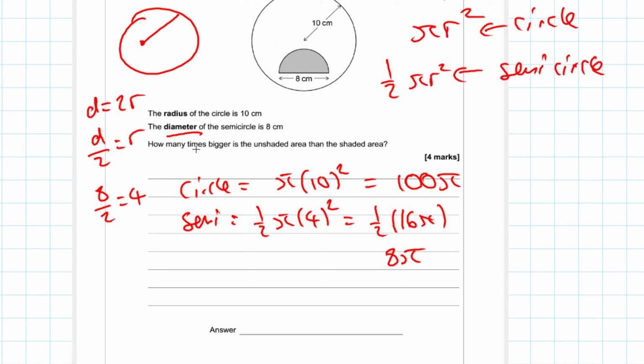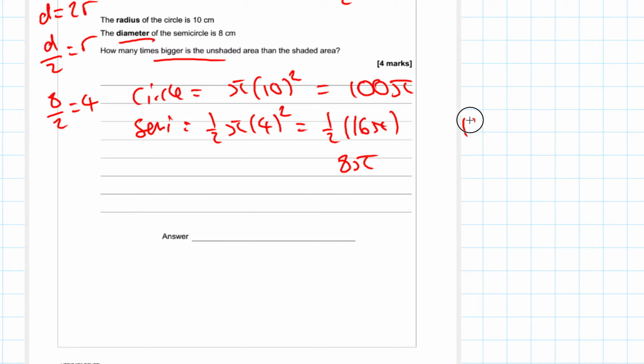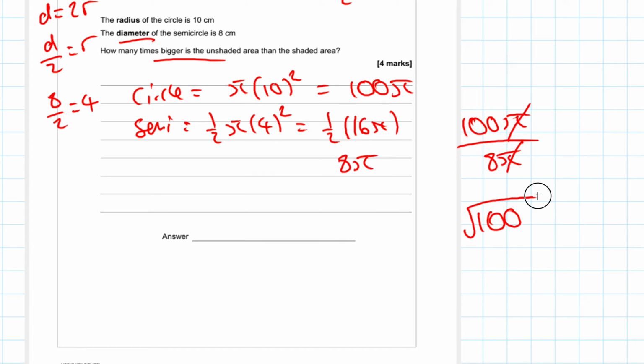And then we want to see how many times bigger it is. So simply we're just going to take the biggest value, which is 100 pi, and divide that by 8 pi. 100 pi divided by 8 pi cancels the pi's, and therefore we're just left with 100 divided by 8. So 1 divided by 8 is 0, remainder 1. 10 divided by 8 is going to equal 1, remainder 2.